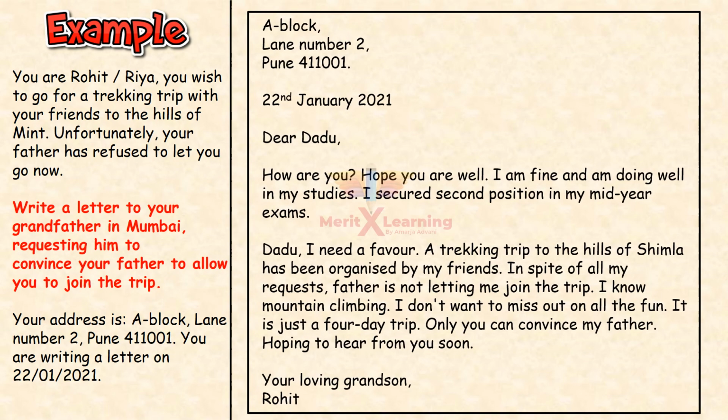Now this is how your letter will look when you write it on a paper. So the first thing is the sender's address written on the left, then the date in full, salutation, body of the letter, subscription and your signature. Okay, this is how your informal letter will look like.